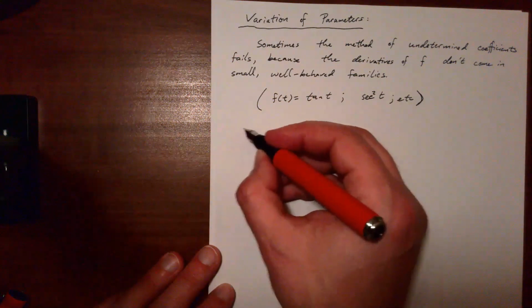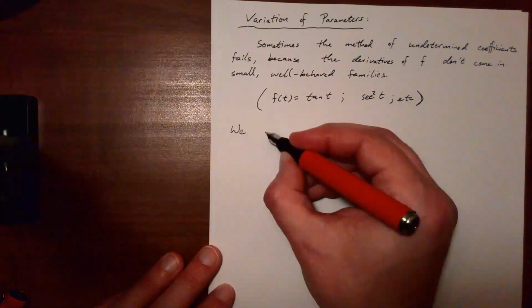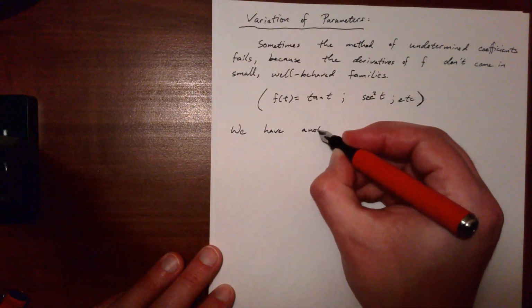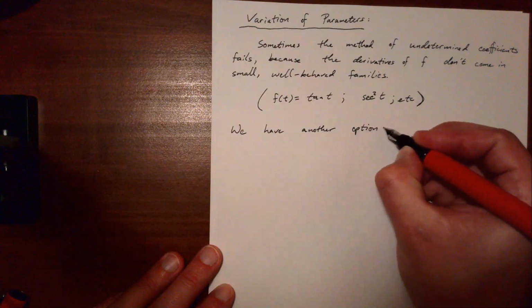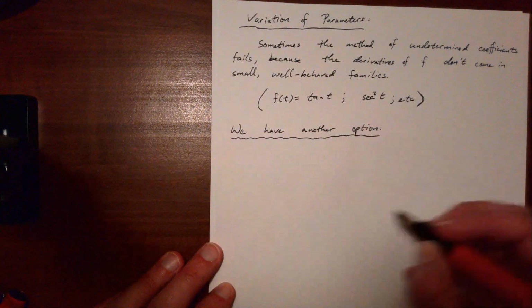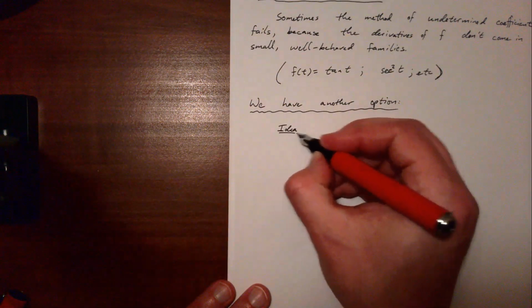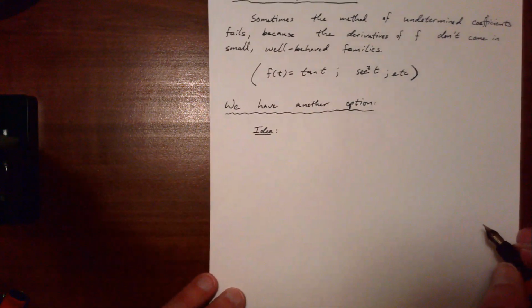So here's the idea of the variation of parameters. So we have another option. For variation of parameters, what we'll do is this.